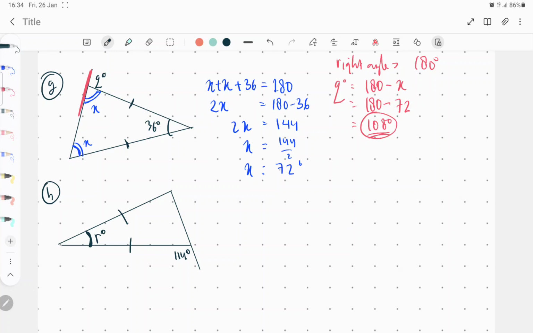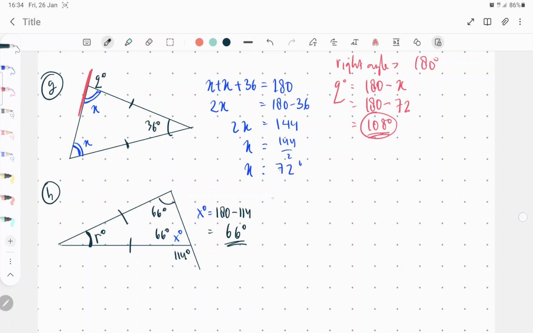So you cannot find it directly, but you can do 180 subtract 114 to obtain this angle. I put x. So the answer would be 66 degrees, right?